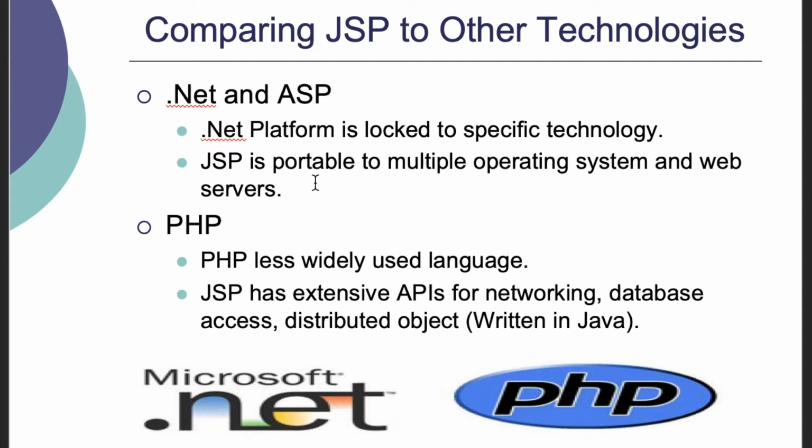If we compare to PHP, PHP is a less widely used language for web developers, but JSP has an extensive API for networking, database access, and distributed objects. We can say JSP has a lot of libraries that can support developing advanced development systems.